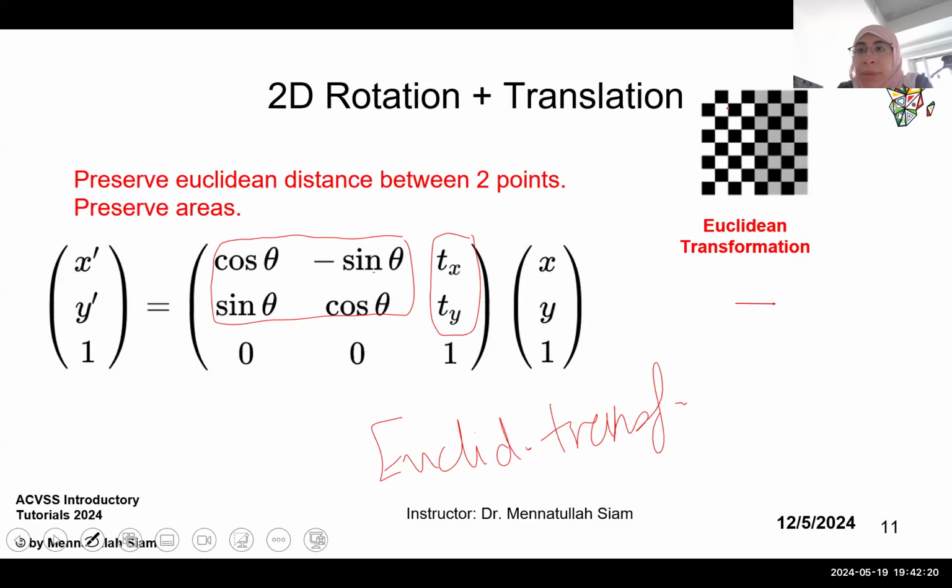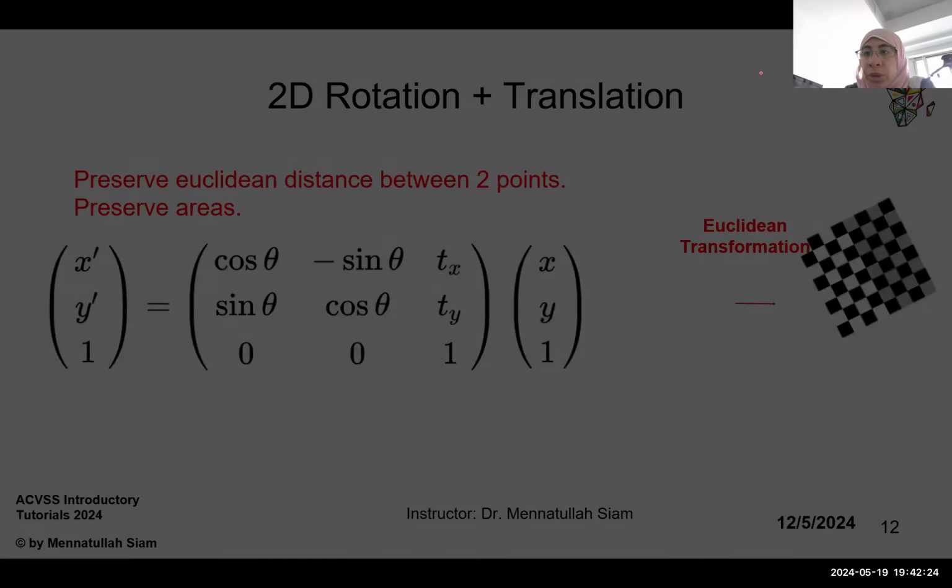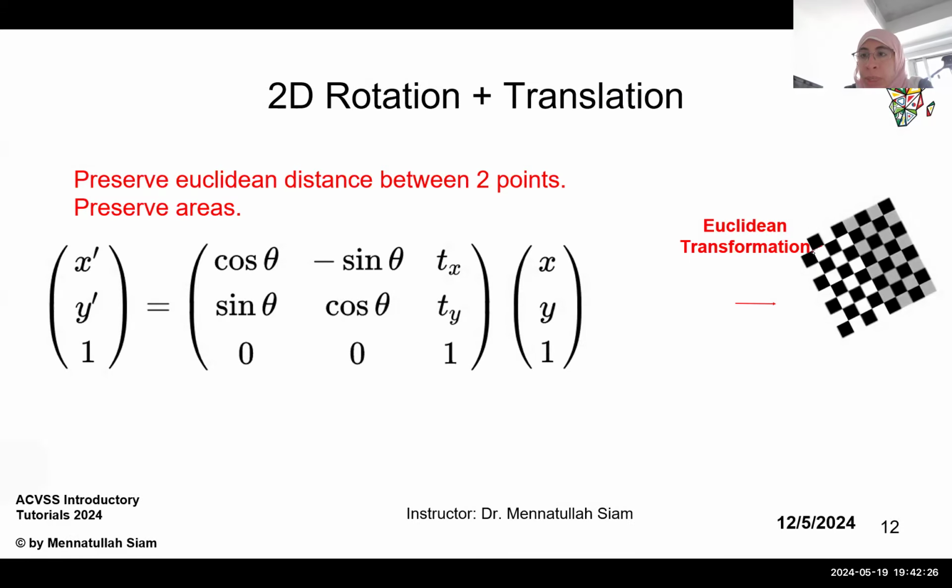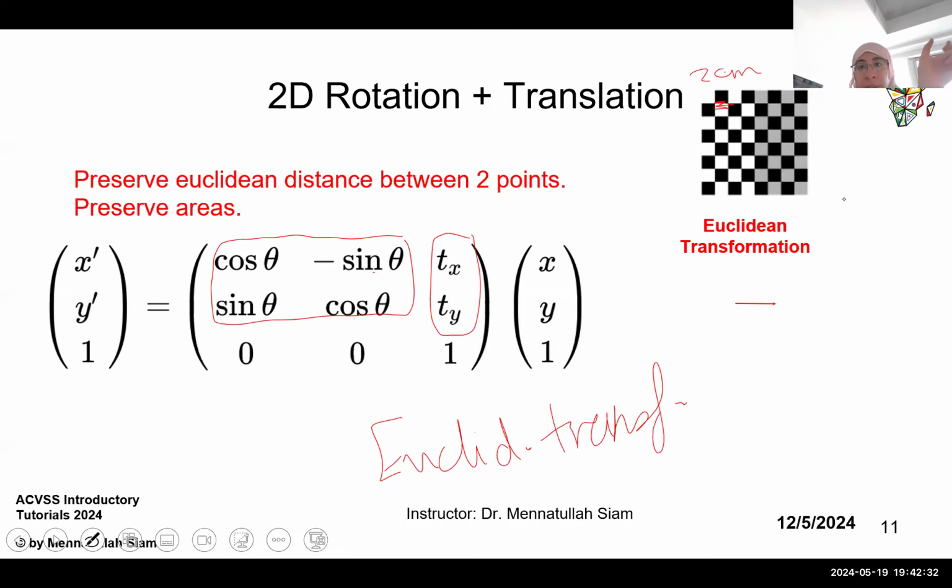So for example, if this is 2 centimeters, after you do the translation and rotation, this is maintained as 2 centimeters. And that's why it's called Euclidean. So it maintains the Euclidean distances. It preserves the areas, like nothing changes in these ones.